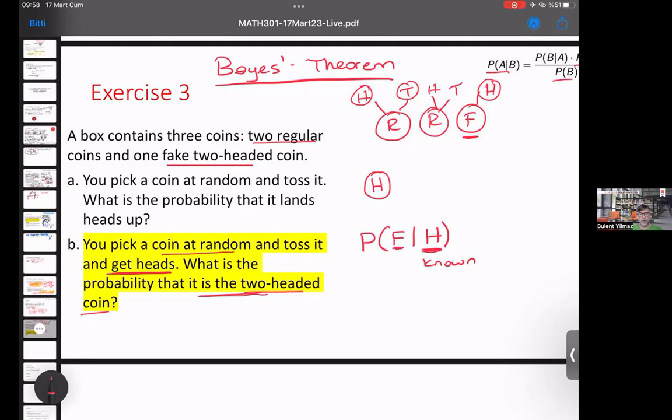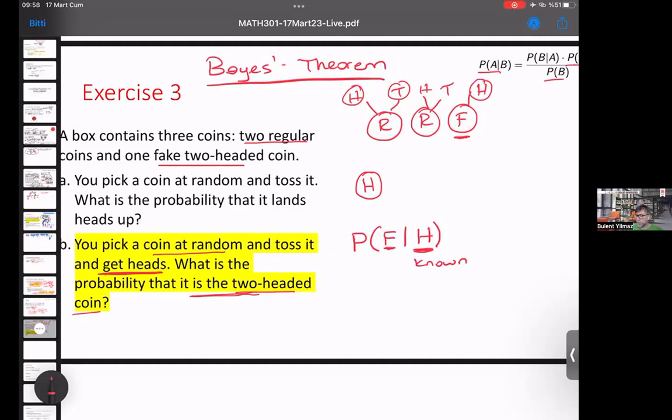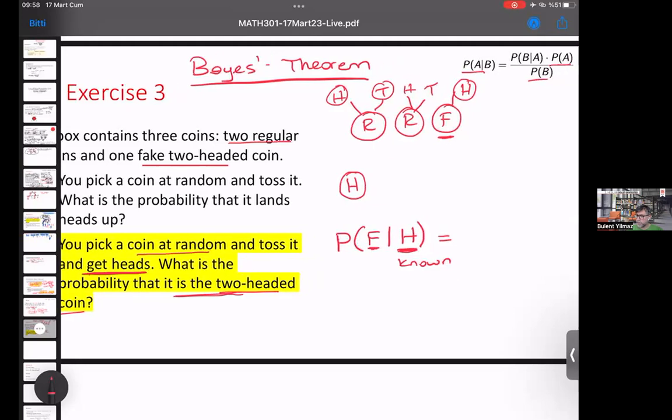Is that clear how I write this, guys? Yes, I hope so. Then I will go to the formulation given here. This is A given B. Now B given A. I'm gonna write probability of heads given F times probability of F. You see, this F is gonna be here, divided by this H is gonna be here.